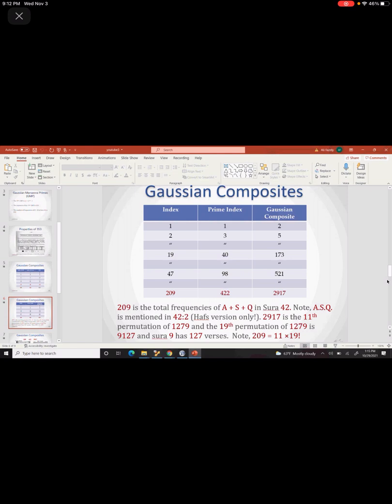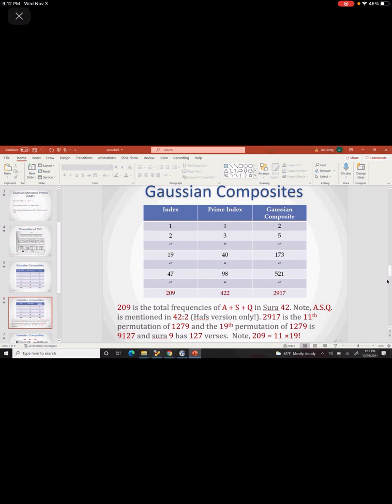Note that Ayn Sin Qaf is mentioned in chapter 42, verse 2, Hafs version only. So Ayn Sin Qaf has to be a separate verse; it happens to be the second verse in chapter 42. Thereby you see 422 there. So 209 lines up with 42:2.